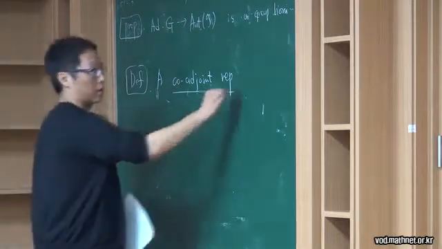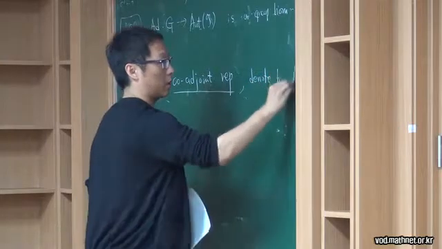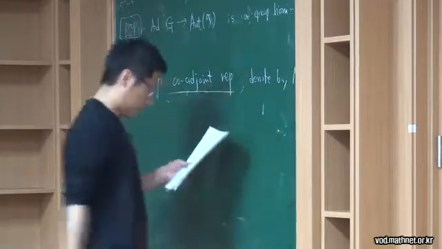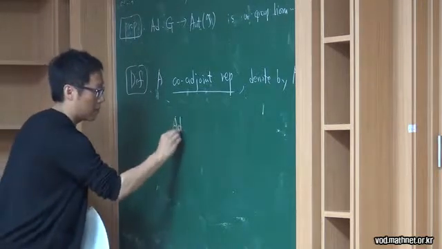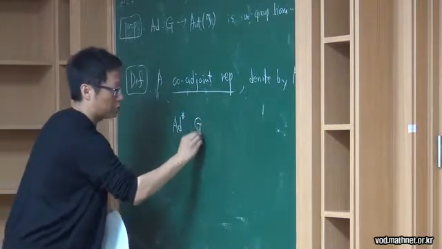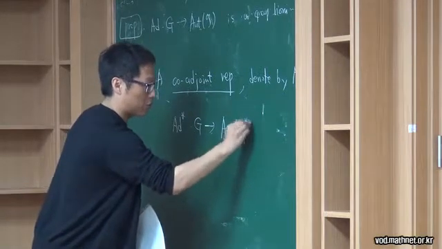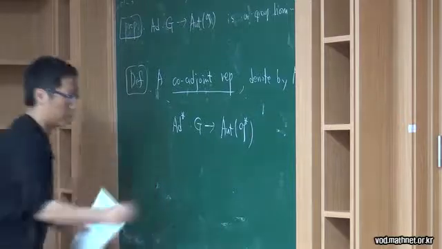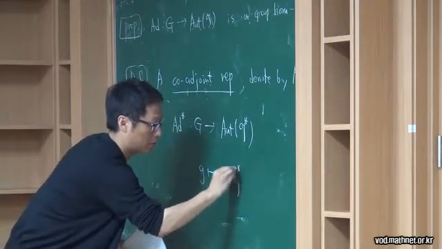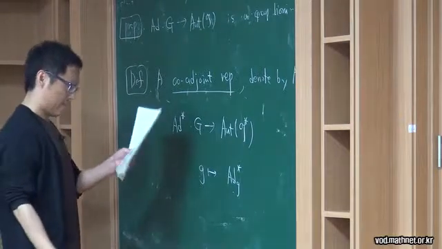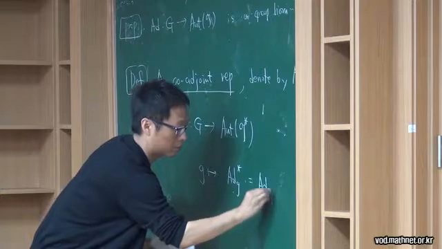We denote by AD star a map from G to the automorphism of the dual of the algebra, which is defined by G maps to the automorphism, which is the dual of AD G inverse.